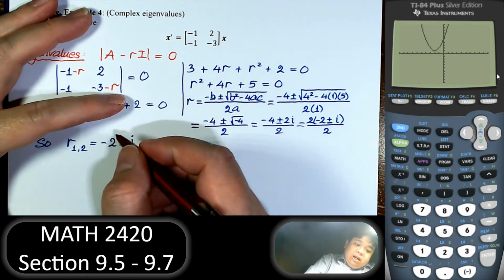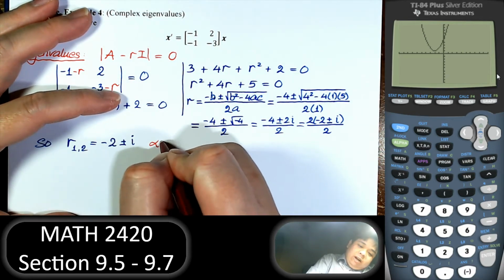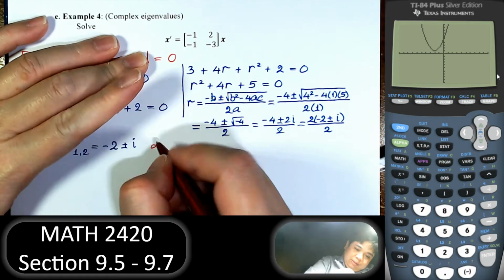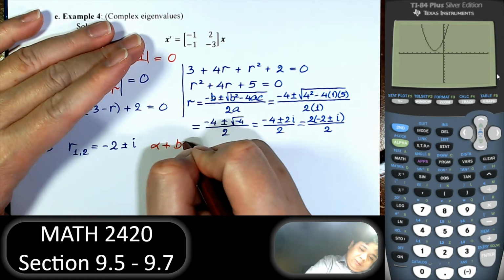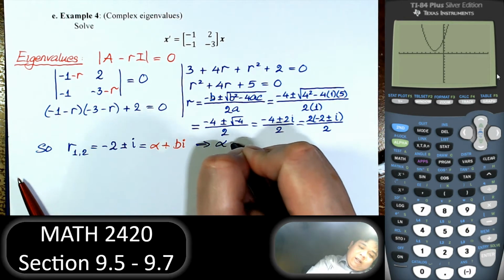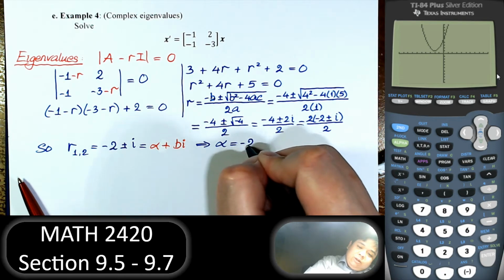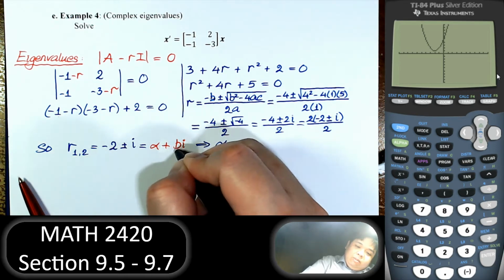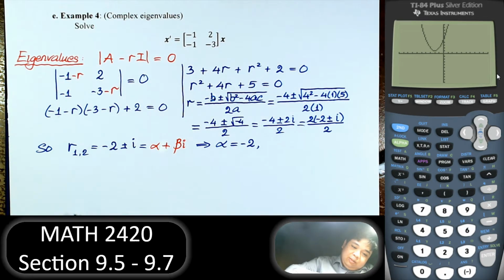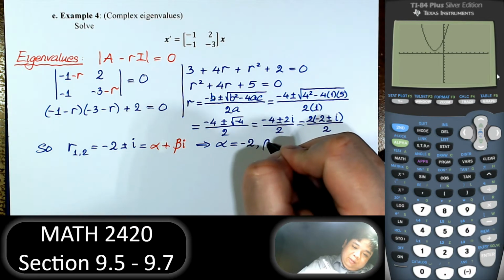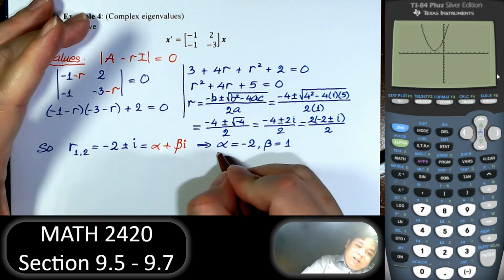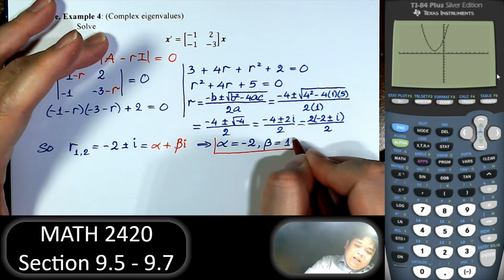So in that case we can write this in the form alpha plus beta i. In the complex form, we have alpha equal to -2 and beta is 1. So keep this in mind for the later solution.